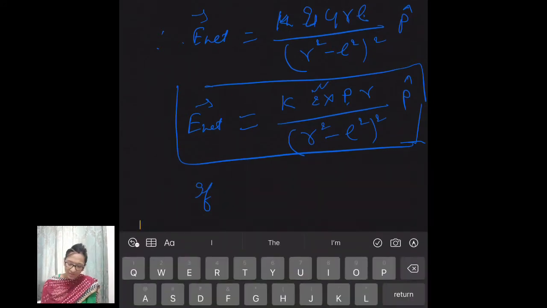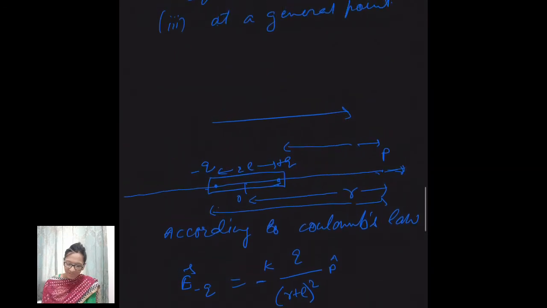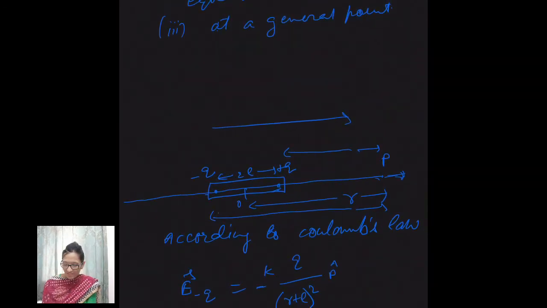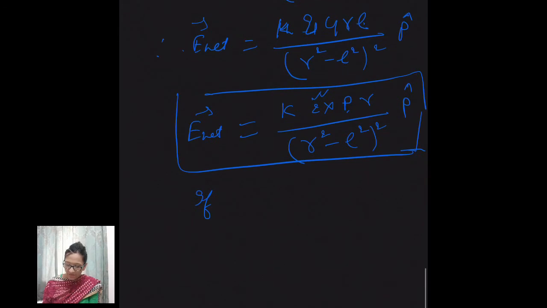Since dipoles are very small, the molecules are very small, so their size L is negligible. So here, if you have R very greater than L, then you can further simplify the electric field.